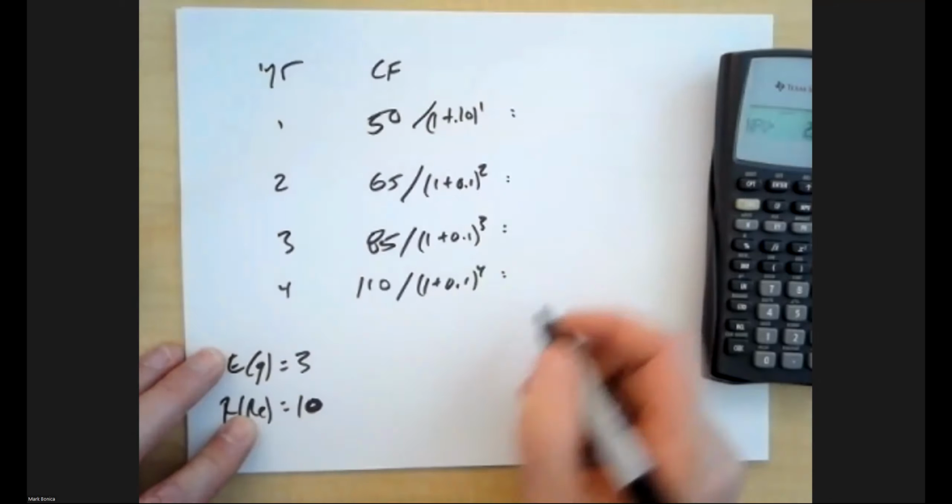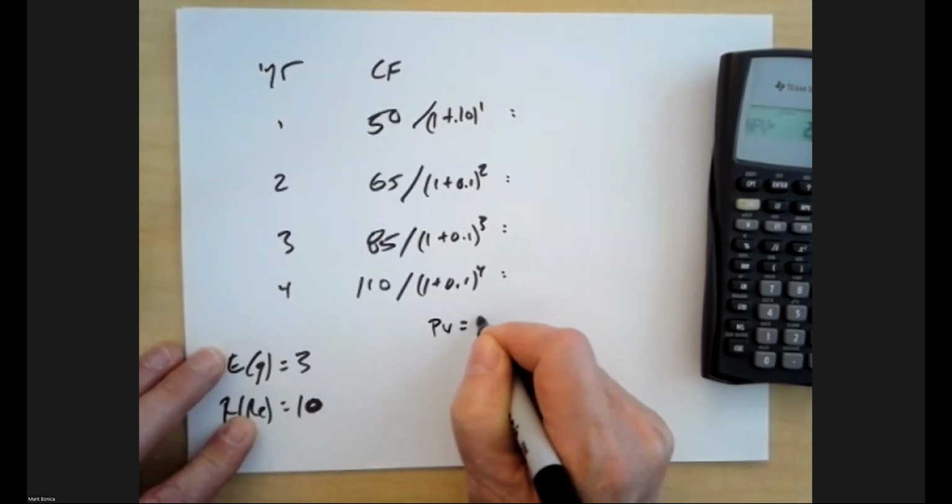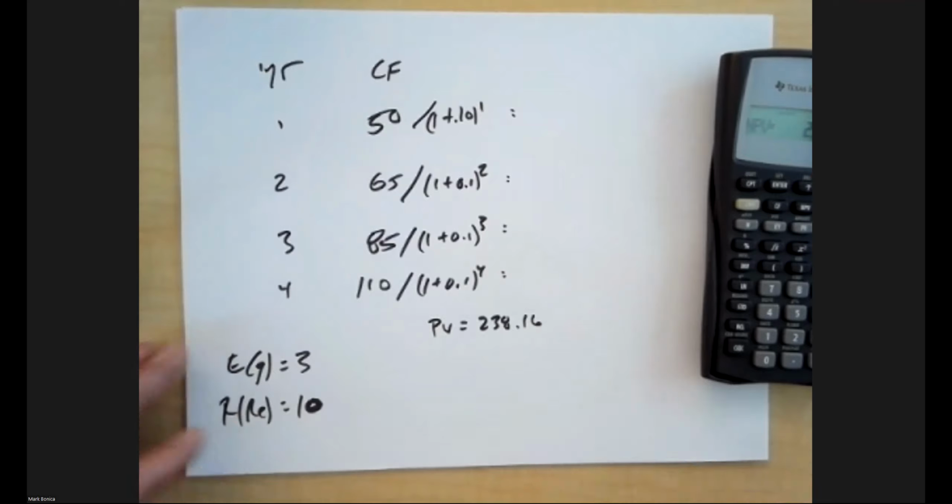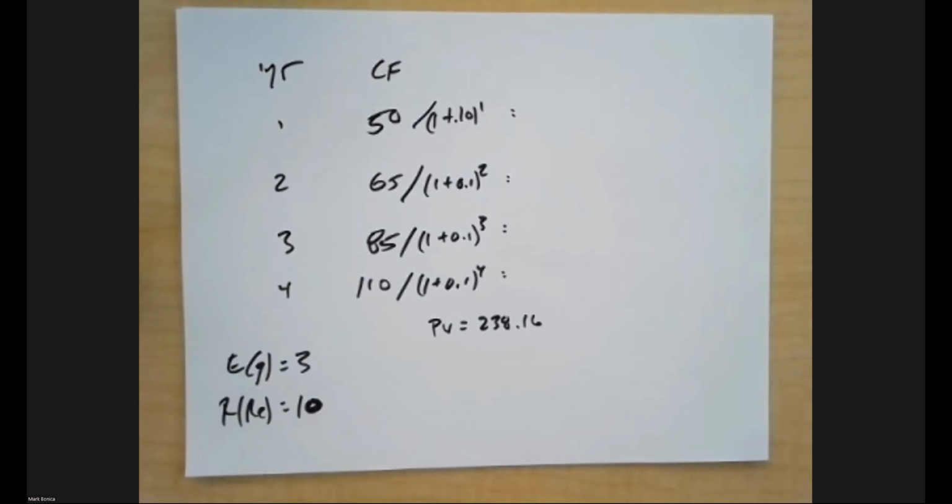So the PV is 238.16. So that's the PV of the rapid growth phase.